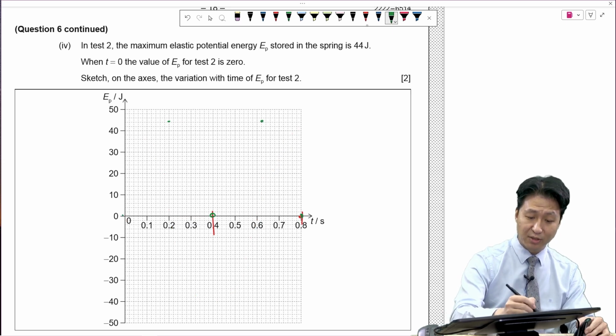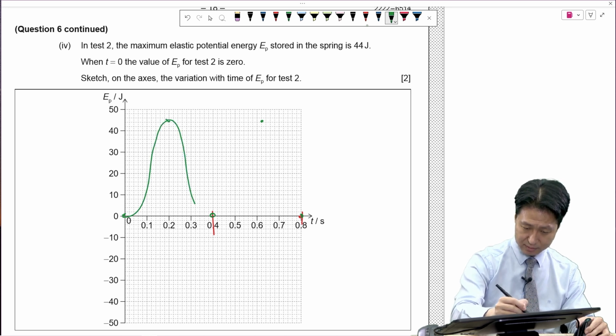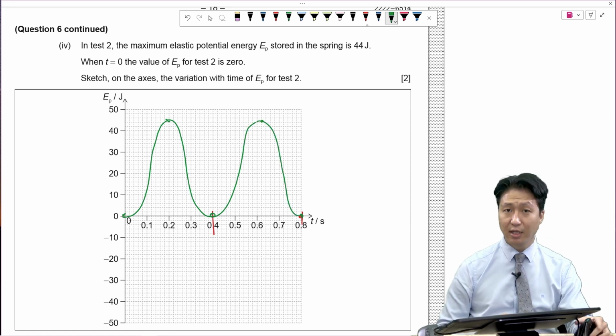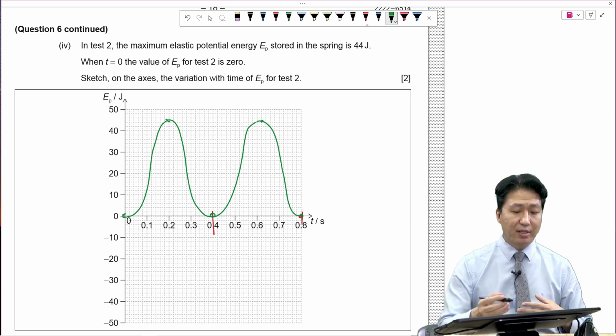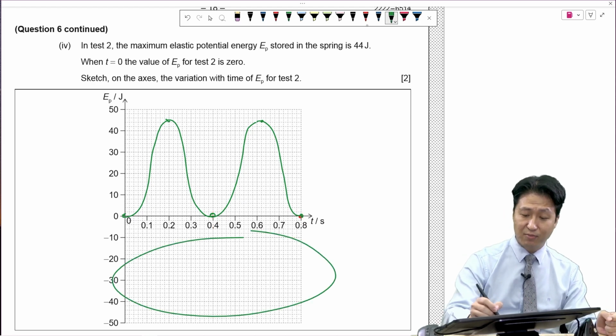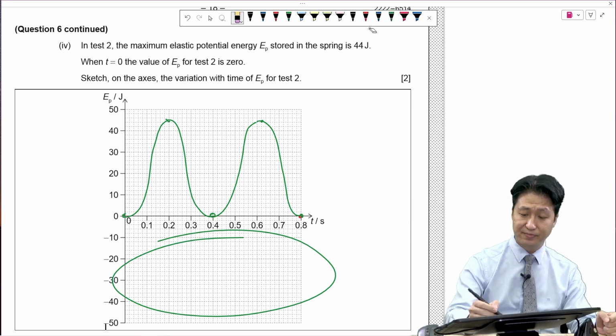So you have to connect all these points. It's going to be sinusoidal. It looks kind of like this now. So what do you get from this? The energy graph does not have a negative side because potential energy is not negative in this case. It goes from 0 to maximum.